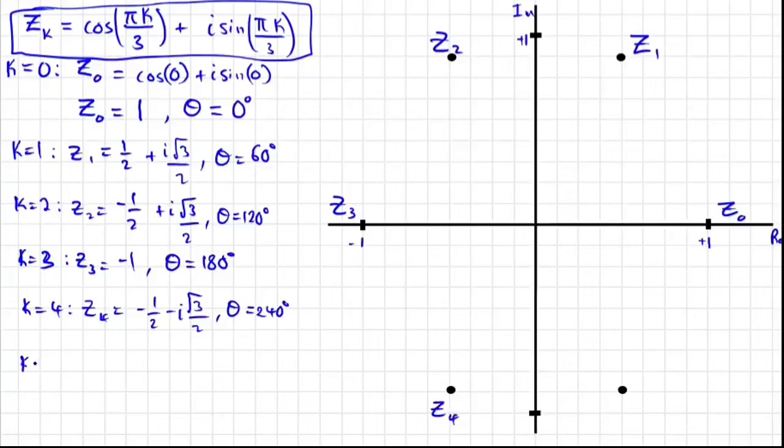So for the last one, when k is 5, it means that z5 is equal to the complex number half minus I root 3 over 2, with theta being at 300 degrees. So this here is our z5. So these are the 6 complex numbers that we obtain.